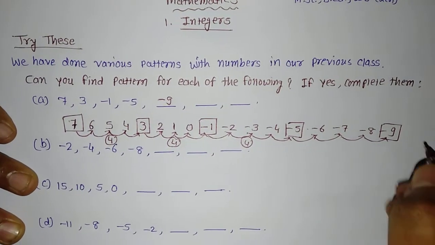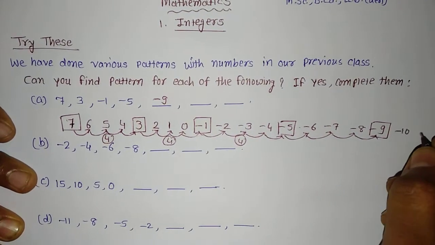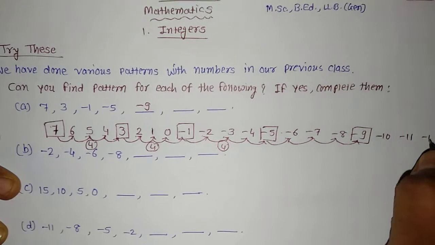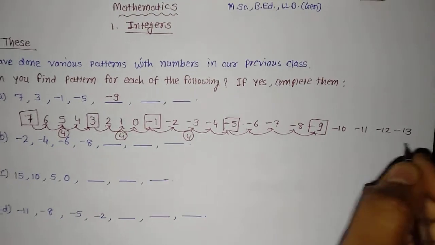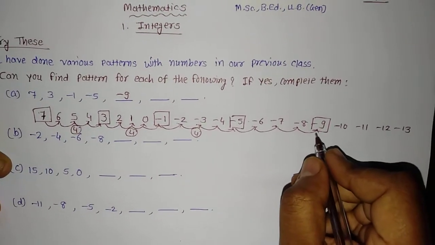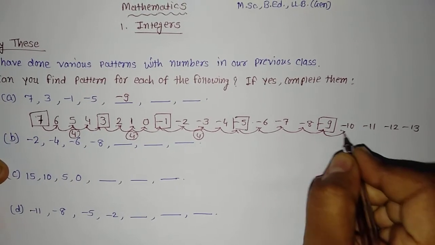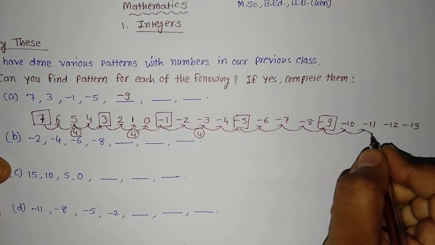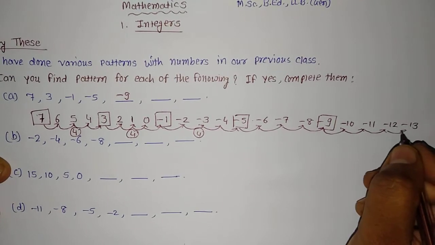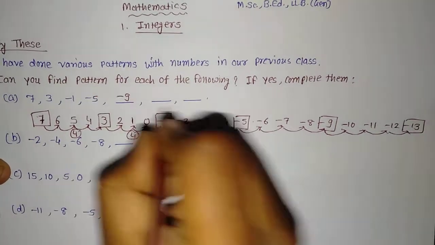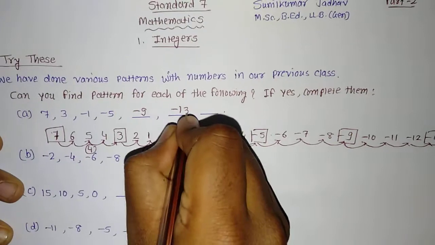Let us go even further. I'll write minus 10, then minus 11, minus 12, minus 13. Again after minus 9 I'll go ahead, that is 1, 2, 3 and 4. So the next number would be minus 13. So I'll put it here, that is minus 13.